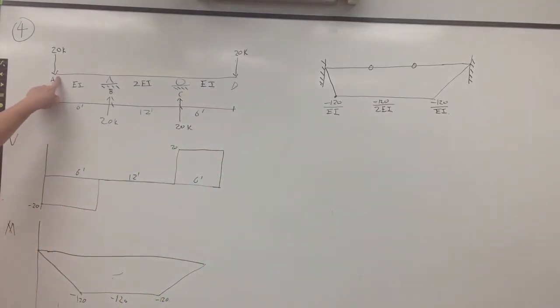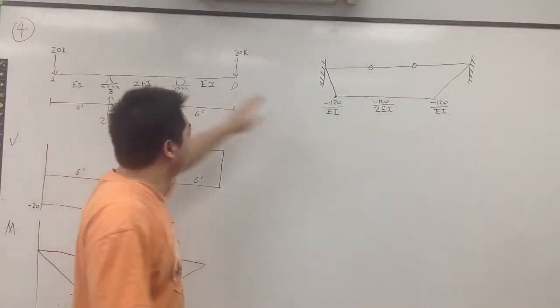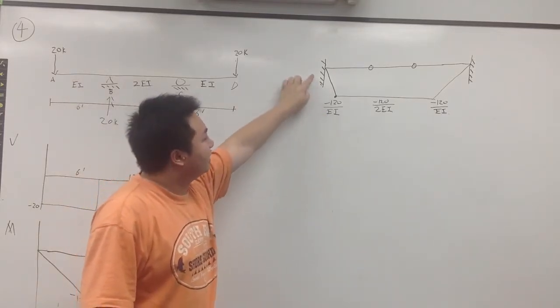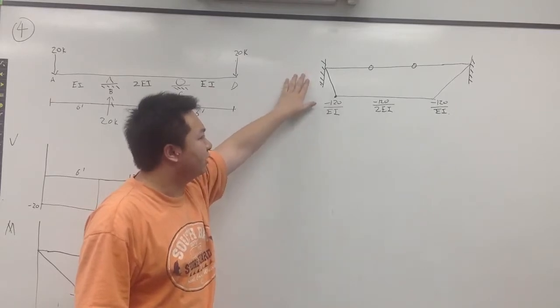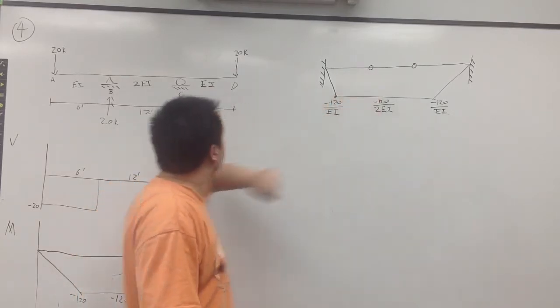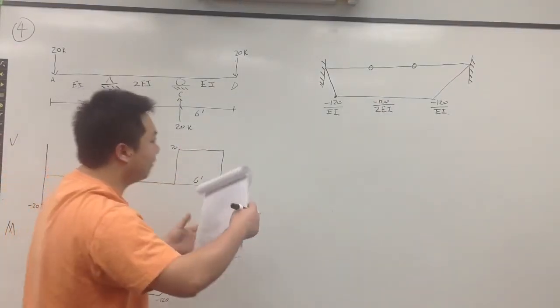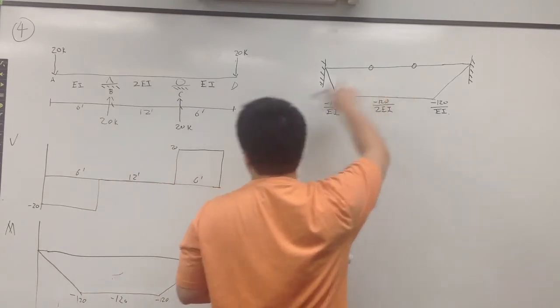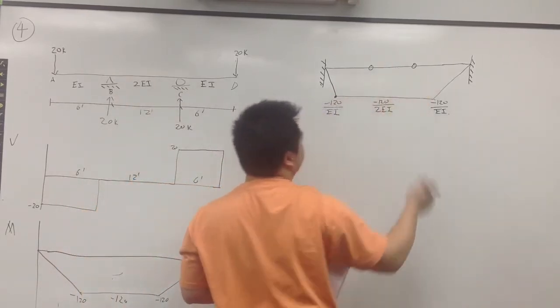Before, we have just a point load. So when we transfer this to the conjugate method, you don't have to write down the moment and shear. So just leave it like that. This one is a hinge, but before it's a support, so we have to find the force for this too.